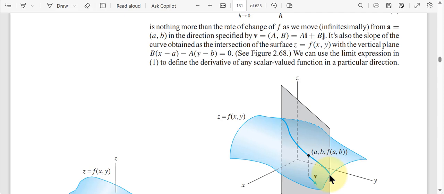And so that's going to generate some kind of curve. And so we're asking the derivative of that curve, and that's the curve that's dictated by the direction of v. And the plane, this shaded gray plane, is dictated by the v vector.